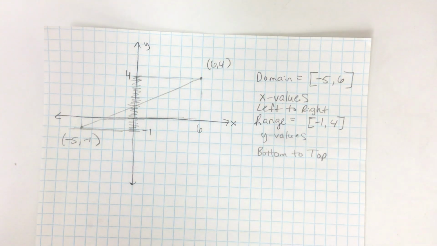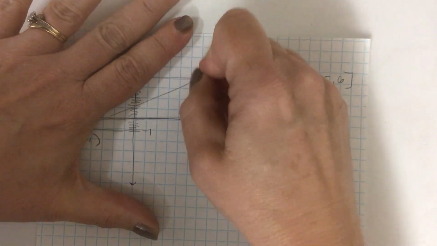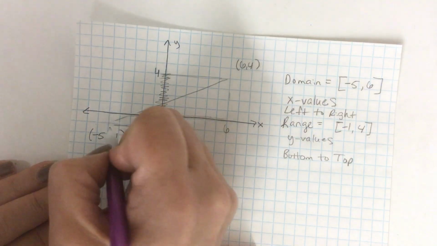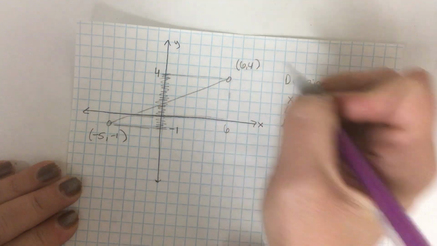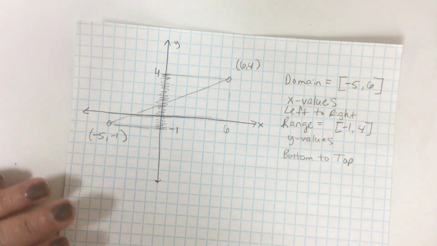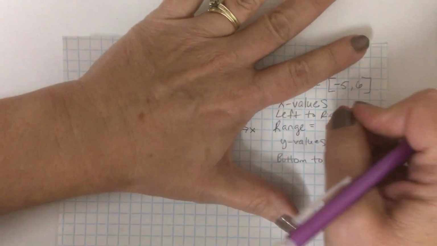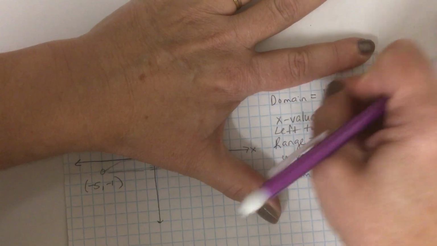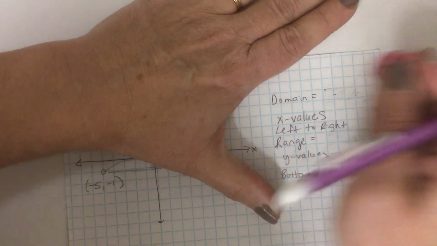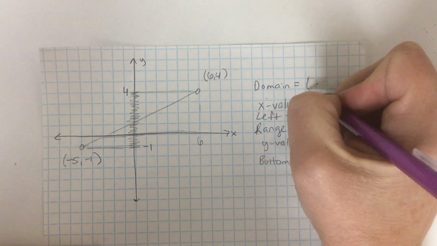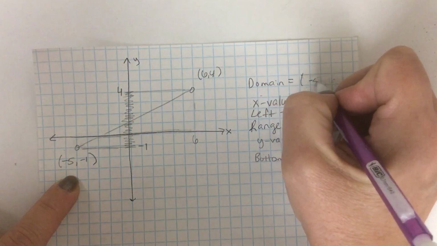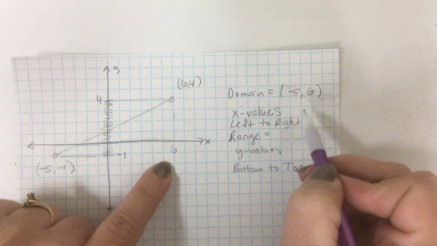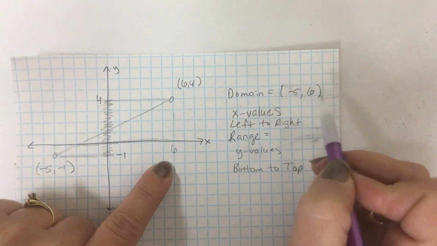Now if I change this a little bit, if I put open circles at the end, then that means it just gets really, really close to that point. It doesn't actually include that point. So I'm going to use parentheses for that. So this domain would be -5, 6, but I would use parentheses because it means it gets really close to -5 and 6, but it doesn't touch it.